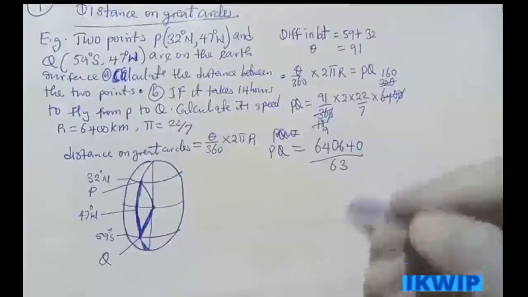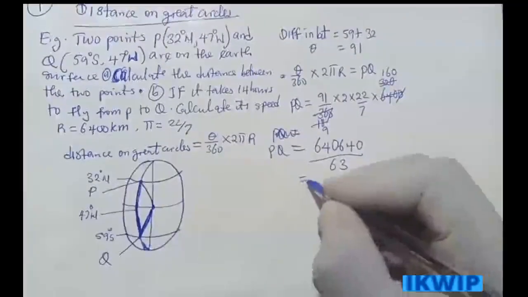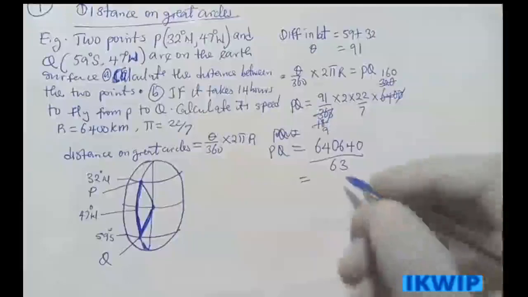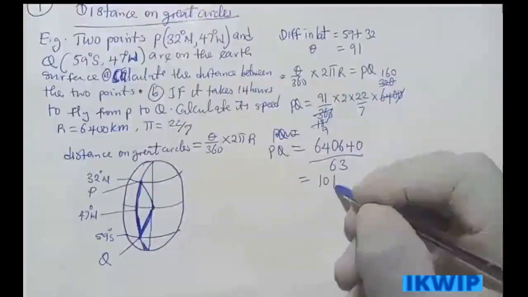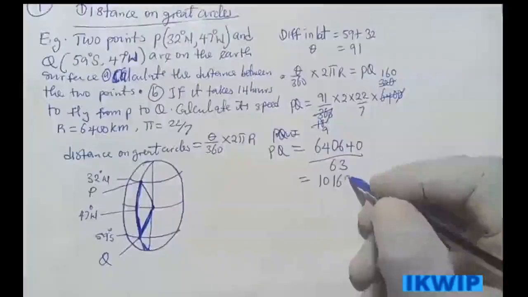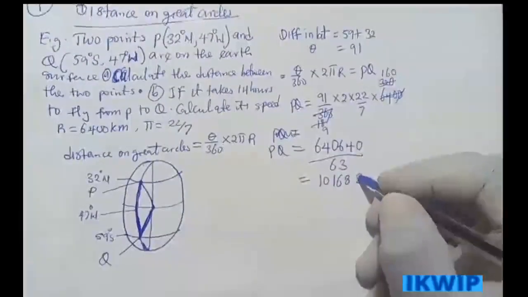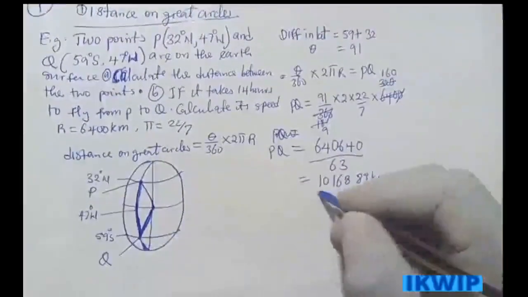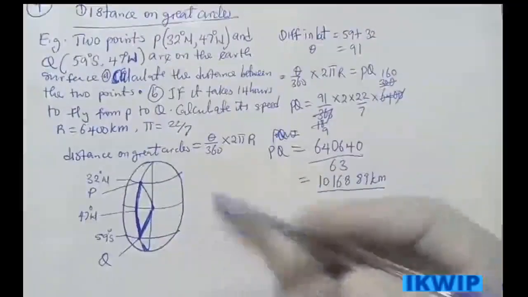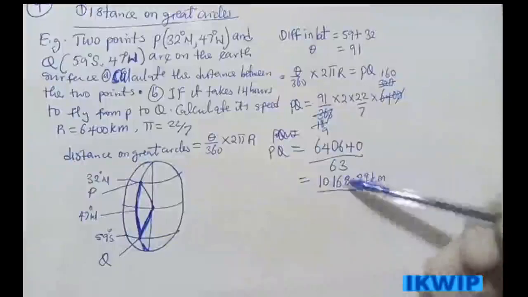So if I divide this, using my calculator, I have 10168.89 kilometers. So the distance from here to here is this.